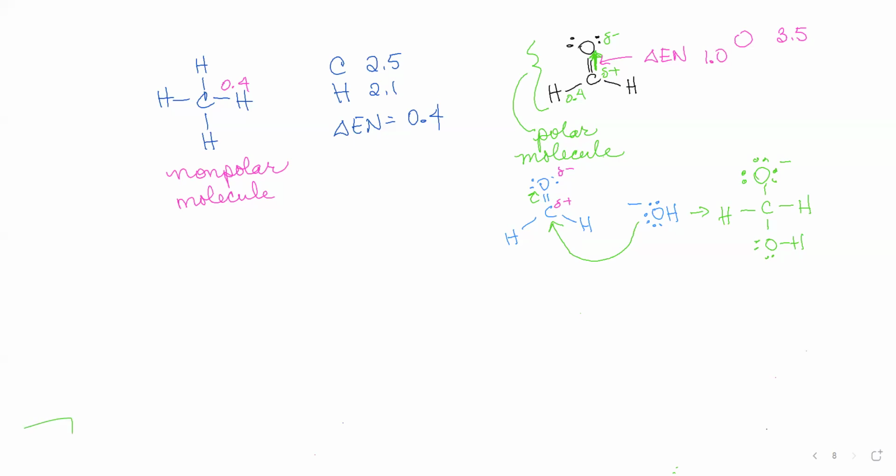Okay, so that's how we use it in order to predict what kind of reactions we have. When you have an ionic compound, we just look at what's floating in solution in terms of our cation and anion.